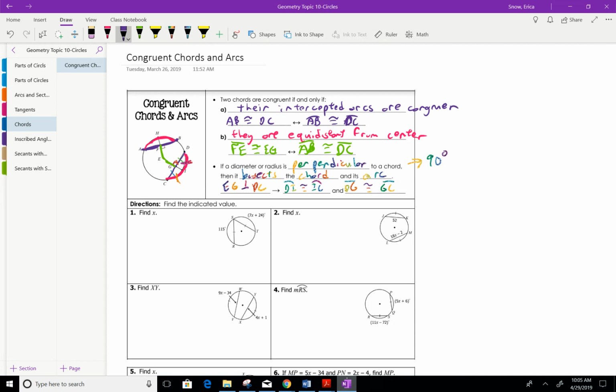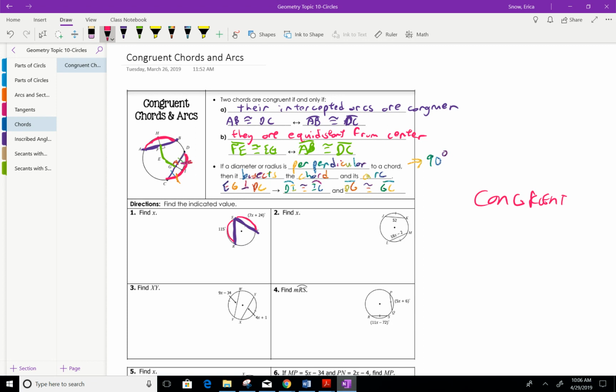So on this one, we know that this is congruent to this. So this arc is the same as this. Congruent is the word of the day, and congruent means equal, right? So we are always pretty much going to be making things equal.